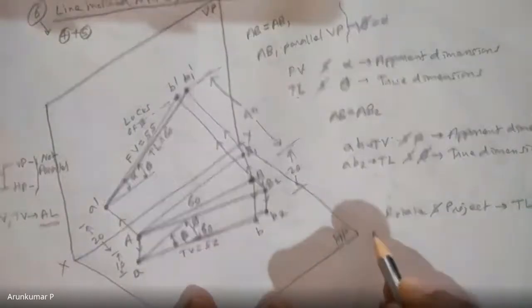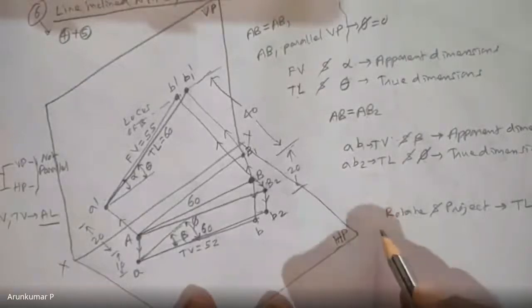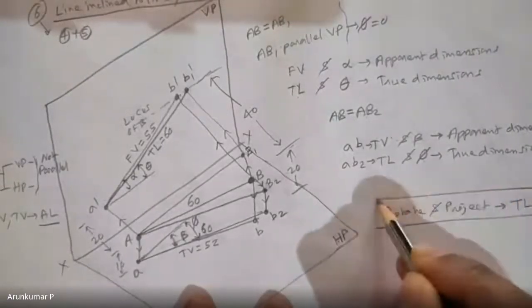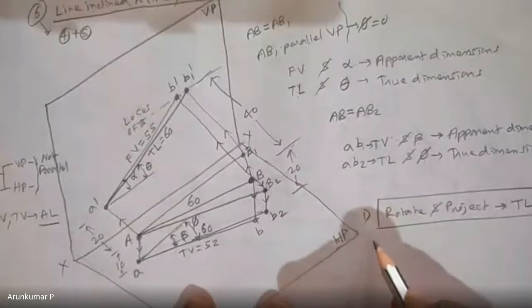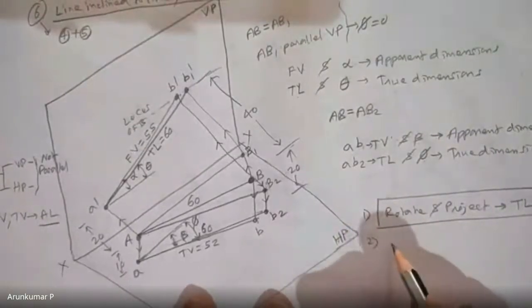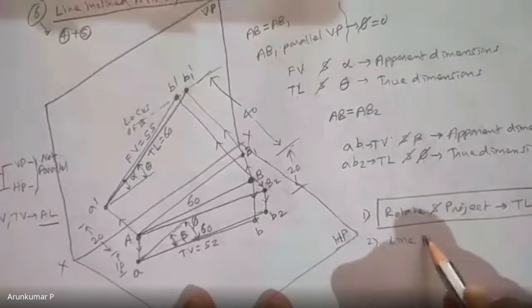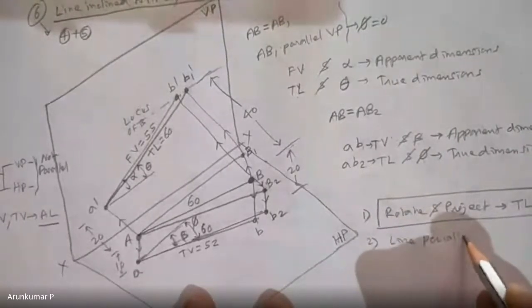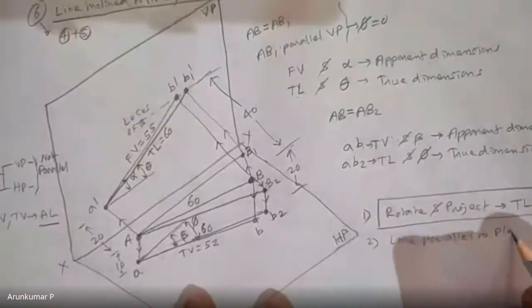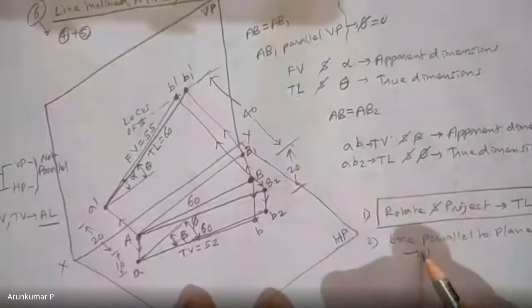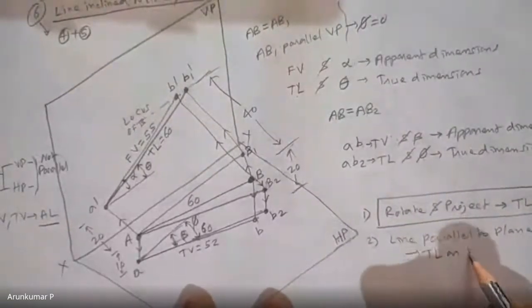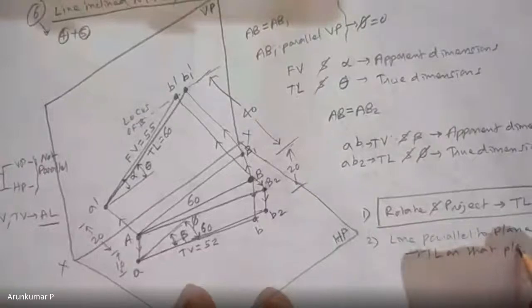Okay, so that means this is point number 1. Second, line parallel to a plane, you will get the true length on that plane.